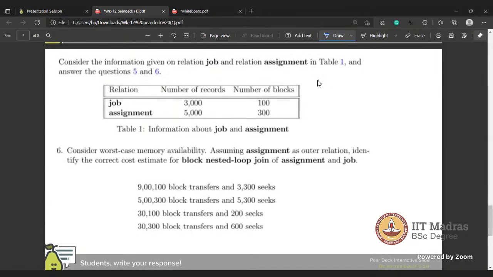What will be the block transfer formula? Outer block into inner block plus outer block. Outer block is 300. So the block transfers are outer block into inner block plus outer block.